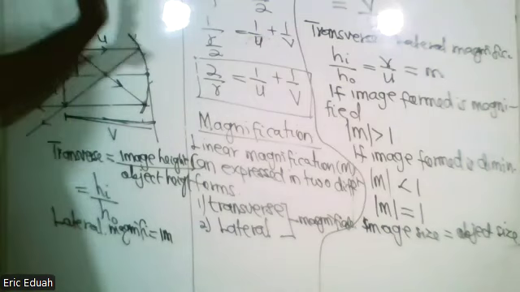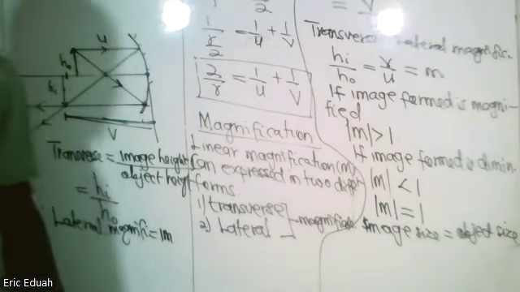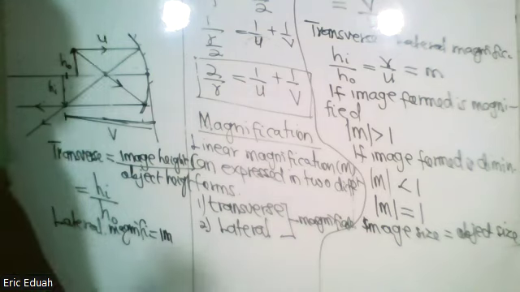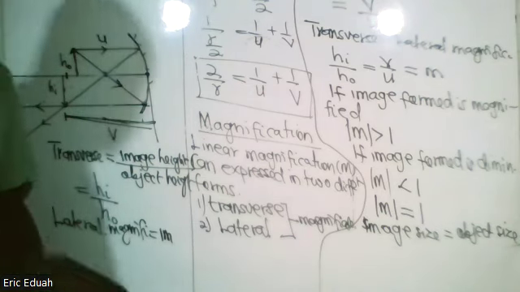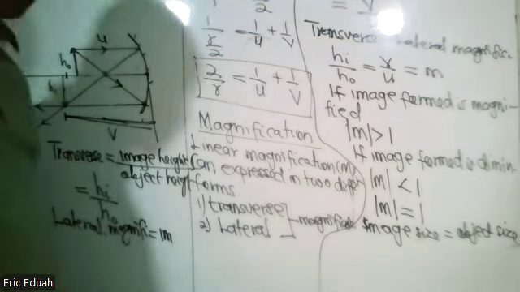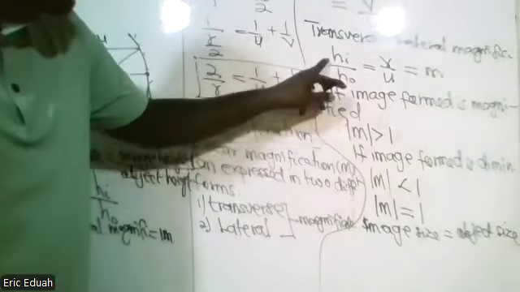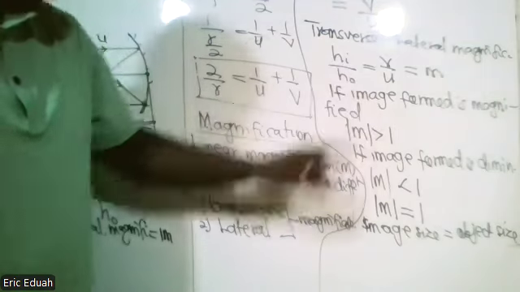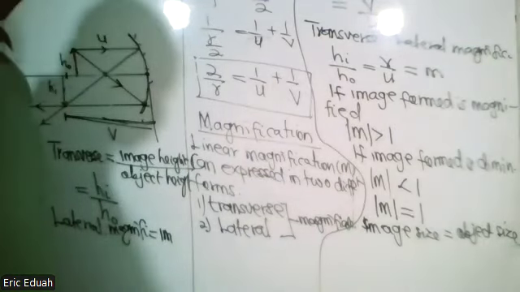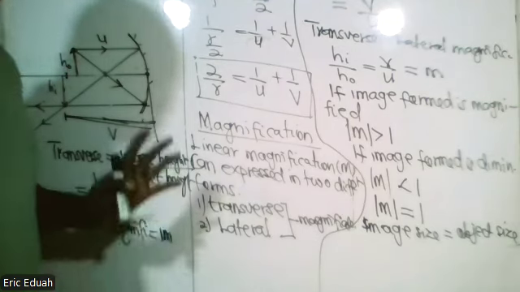So all that I'm saying is that linear magnification can be expressed as transverse magnification or lateral magnification, because hi on ho was equal to v on u. That's that word, magnification.